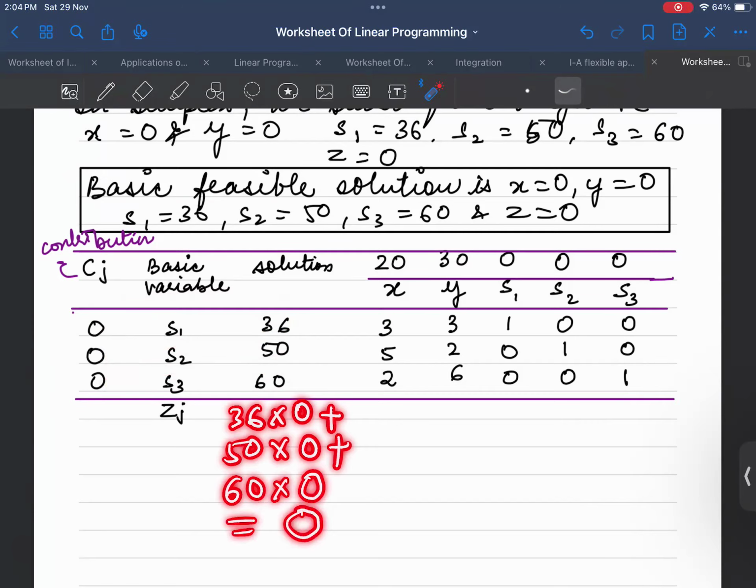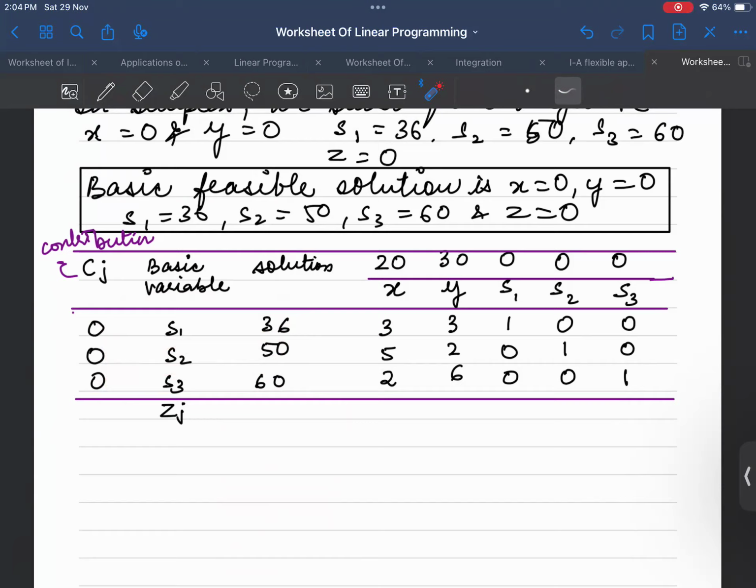Is it clear how we are calculating it? So as of now, my solution's contribution to the profit is 0. If I'm not producing X and Y, in that case my profit is 0 because these variables are not contributing anything.